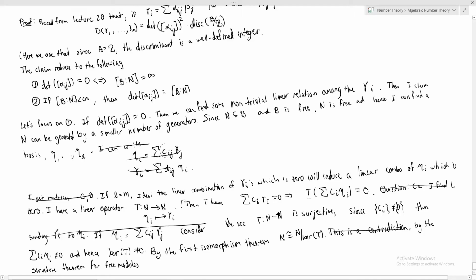So let me explain this a little bit better. Since ker T is a submodule of N, ker T is free. Thus, the rank of N is strictly less than the rank.